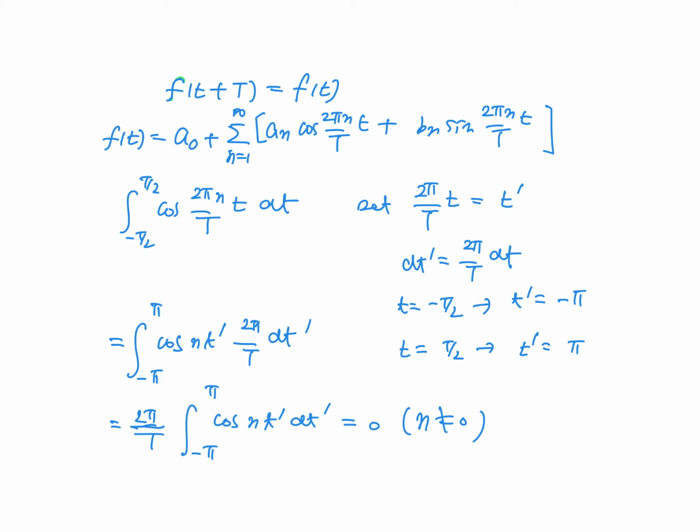Also, the same goes for sine: the integral of sine 2 pi n t over T dt is 0. I'm just going to write it down only once. Sine n t prime dt prime is always 0, right?